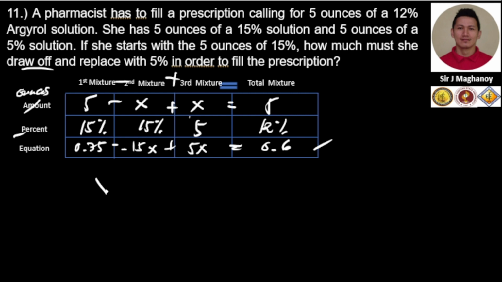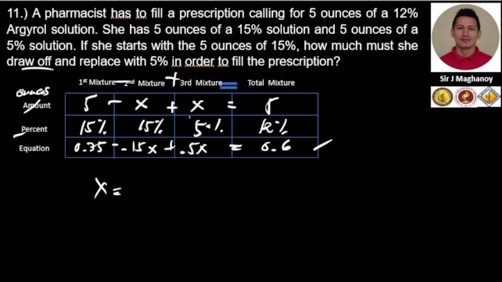So let's solve for x using the calculator. That is 0.75 minus 0.15x plus 0.05x, equal to 0.6.